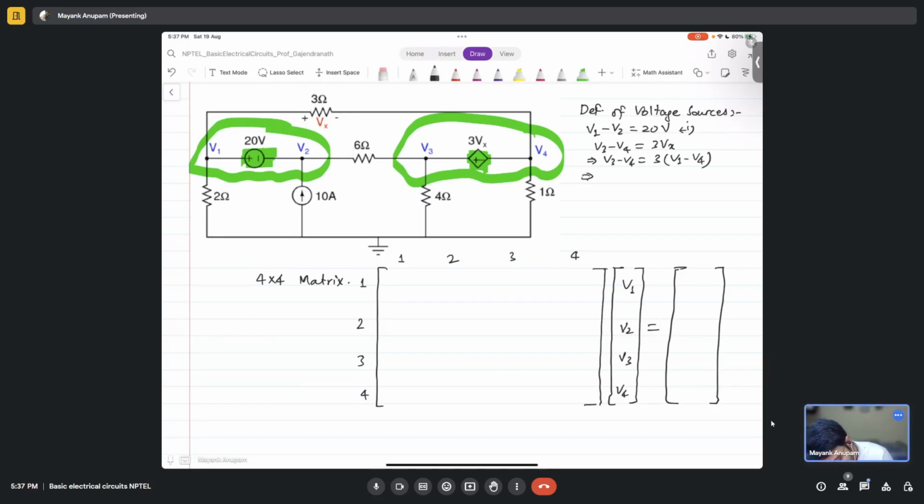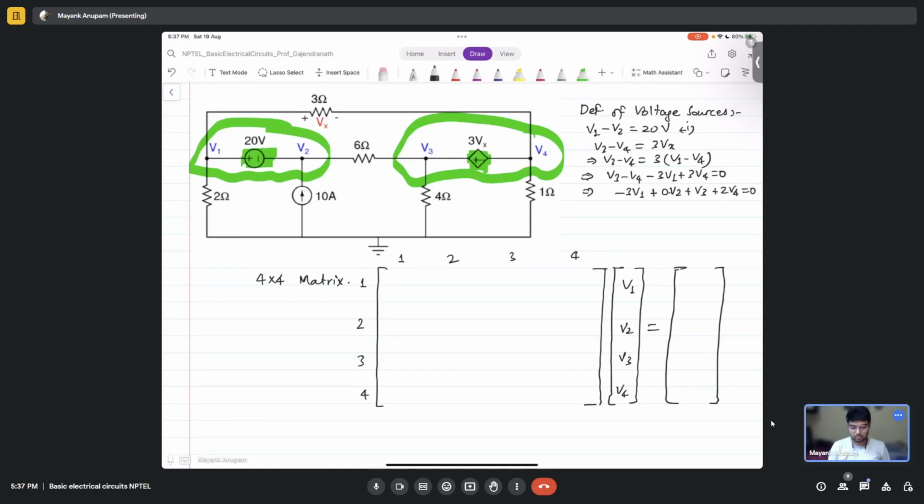So this will be what? V3 minus V4 minus 3V1 plus 3V4 equal to 0. This will be minus 3 times V1, plus 0 times V2, plus V3, plus 2 times V4, equal to 0.